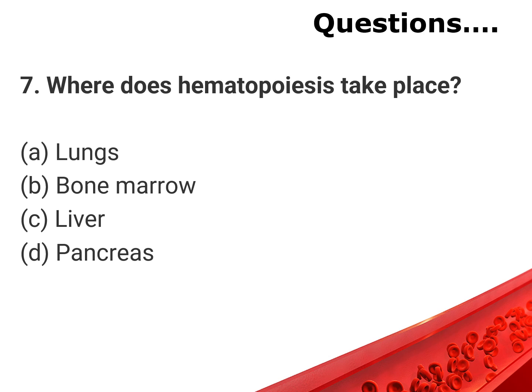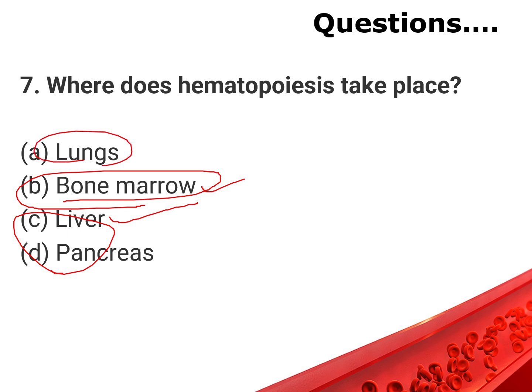Next question, where does hematopoiesis take place? Lungs, bone marrow, liver, pancreas. As we have discussed, you have seen these options in our slide, but always choose the bone marrow over any other options when there is no direct mention of any age or certain criteria.